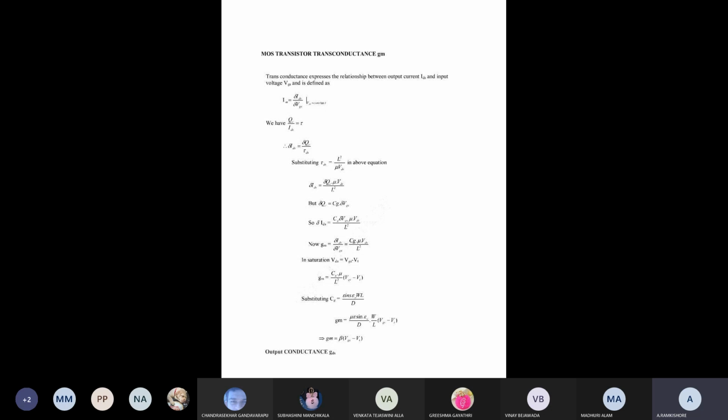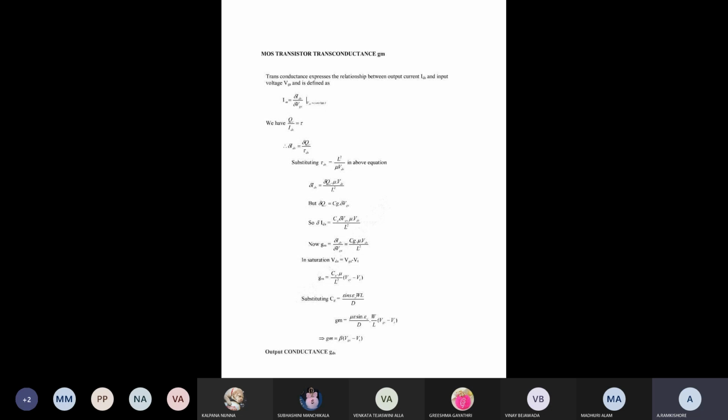So we rewrite the equation: whatever the change in drain to source current delta IDS is equal to the ratio of the change in charge of the channel, inversely proportional to the electron transit time tau ds.